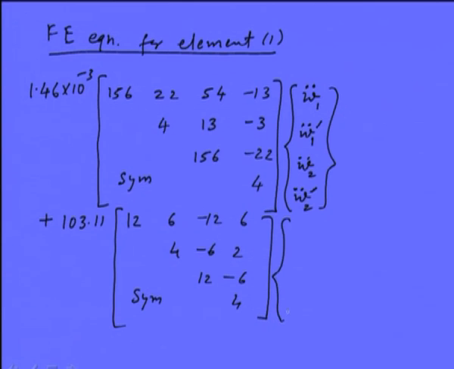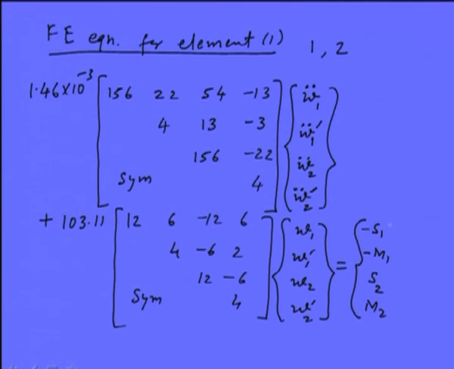Here the displacement and slope vectors are there for node 1 and node 2, because element 1 has node 1 and node 2, so the corresponding displacements and slopes have subscripts 1 and 2. Then in the right hand side we have the shear force and bending moment, the reaction forces and moments. So this is the elemental equation for the first element.